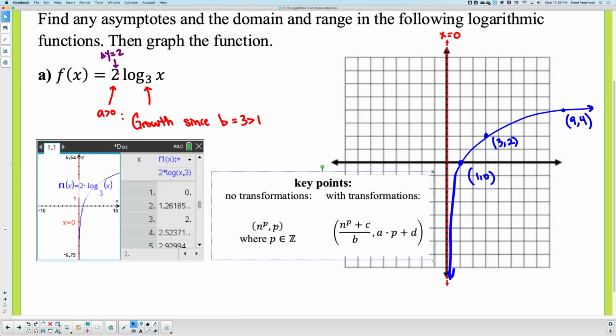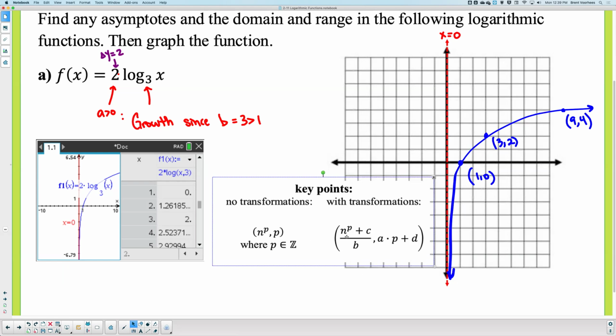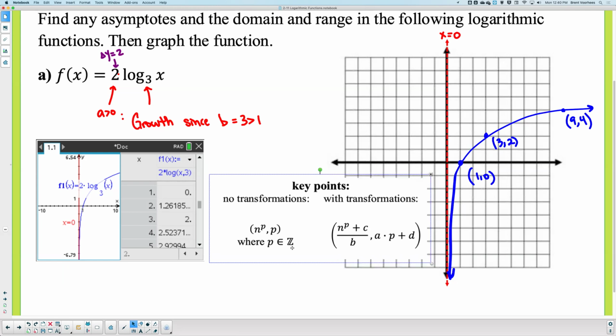And then if you plugged in a power of 1, what's 3 to the power of 1? 3. So it would be at 3, 1. This one's at 3, 2 though, because our a value is 2. There's actually a transformation. So you could use this if you want to use algebra. I don't think you have to, so I'm not going to spend that much time on it. Does that make sense? But that's how you can do that using algebra.